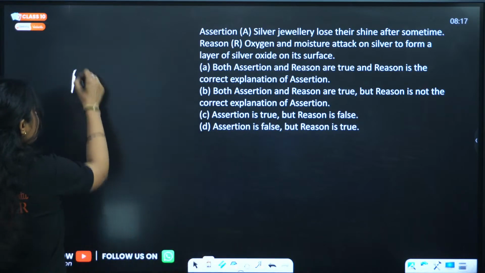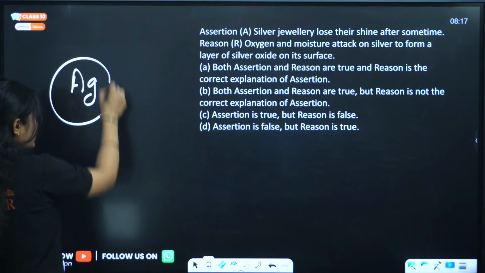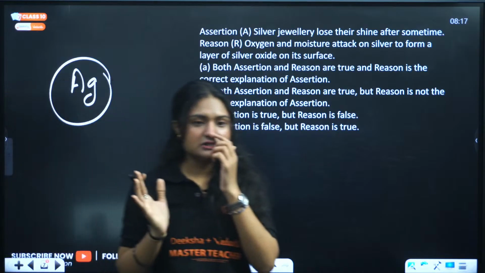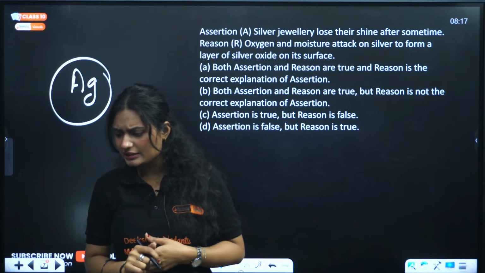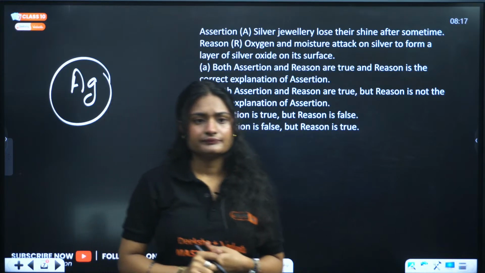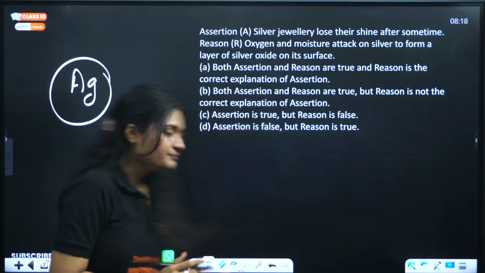If you have kept silver jewelry outside for some time, you see it turns black. So what is the reason for it being black?